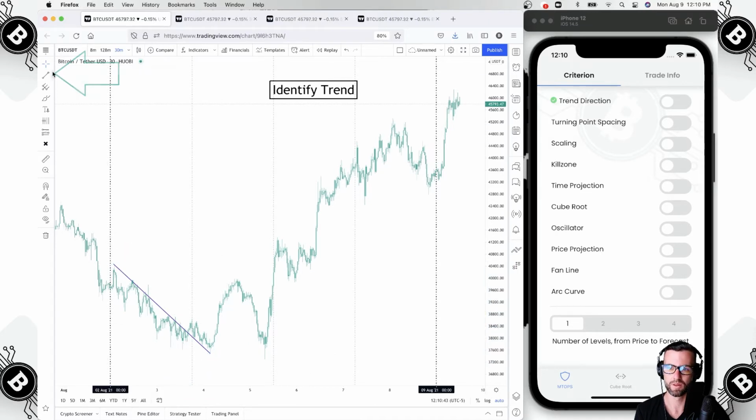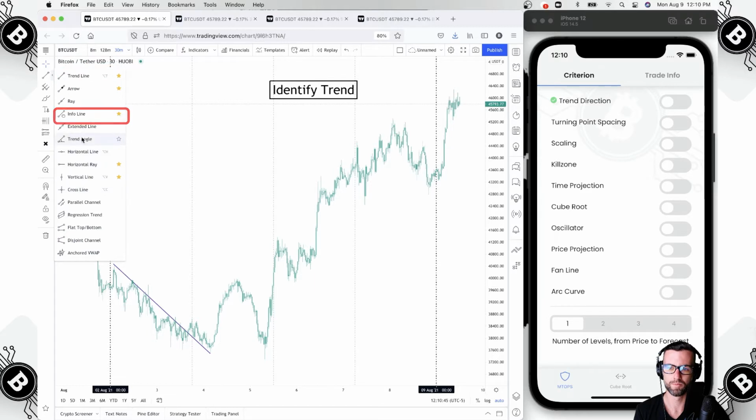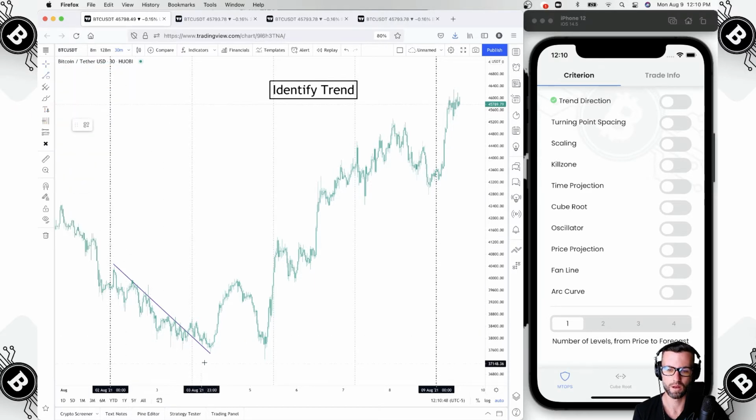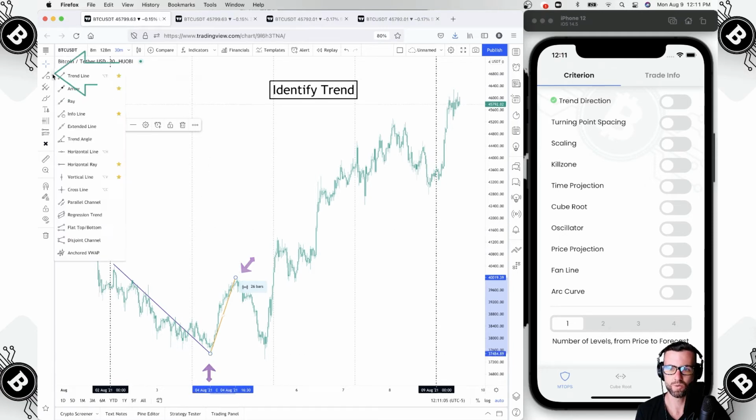Next, I want to go through and mark it off. So we go from the low to the high. This over here is where my mouse is, and that over there is the following high after this one. And then we continue.